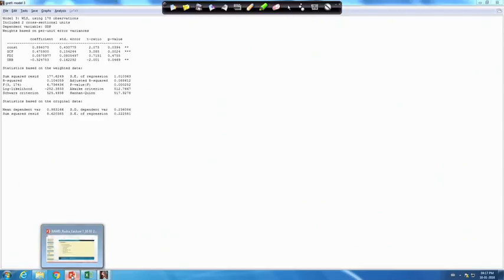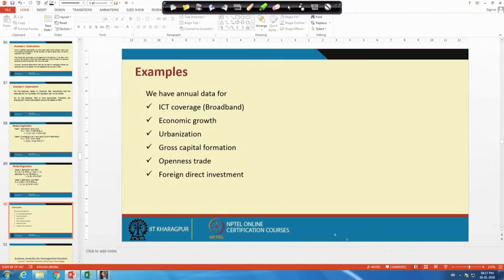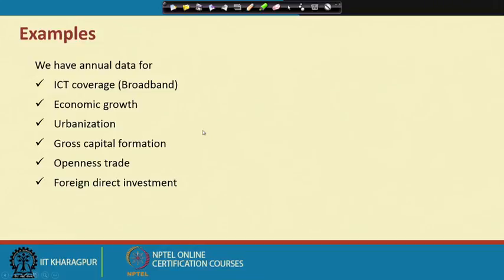Technically, what I would like to say is that panel data modeling is a sophisticated technique which cannot be easily handled through an Excel spreadsheet. So, we need standard software through which you can do the processing of the data and then address the problem as per the particular requirement.